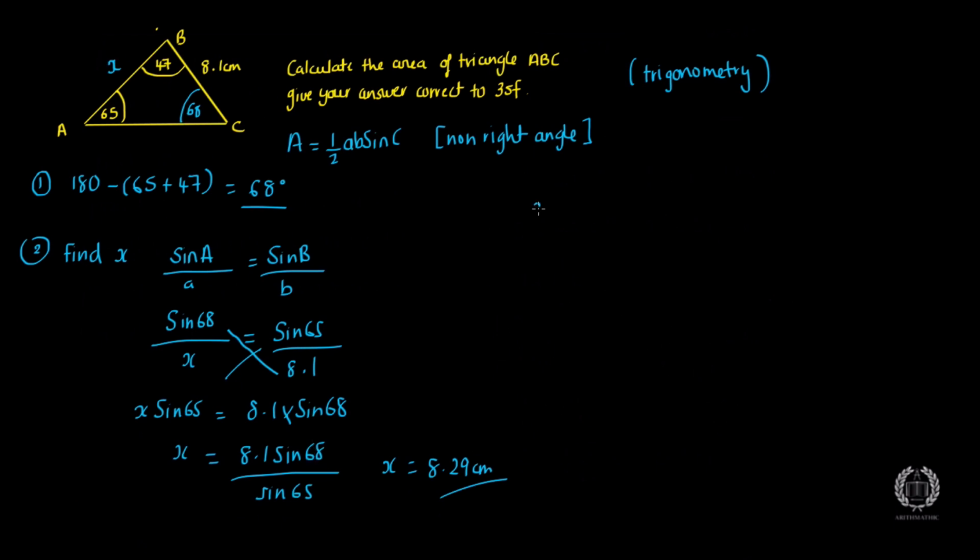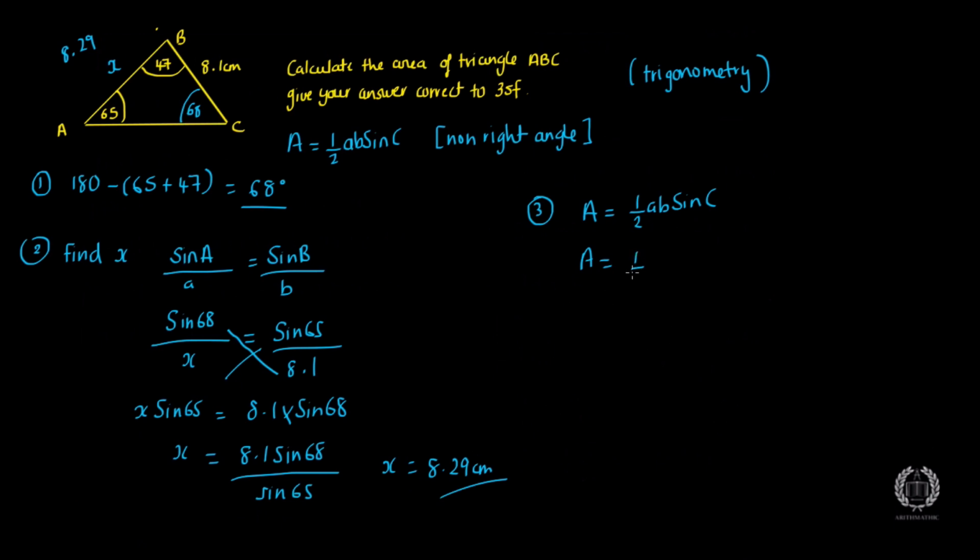But remember, step 3, it's asking you to find the area of the triangle ABC. So for the area of the triangle, I'm going to use half ab sine C. Now I have this length x, which is 8.29, so I can write 8.29 here. So all I'm going to do is find the area by using these two lengths and this angle.